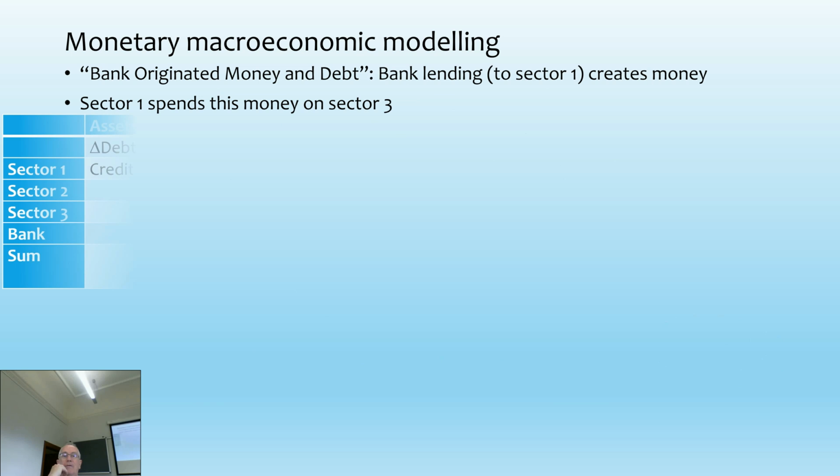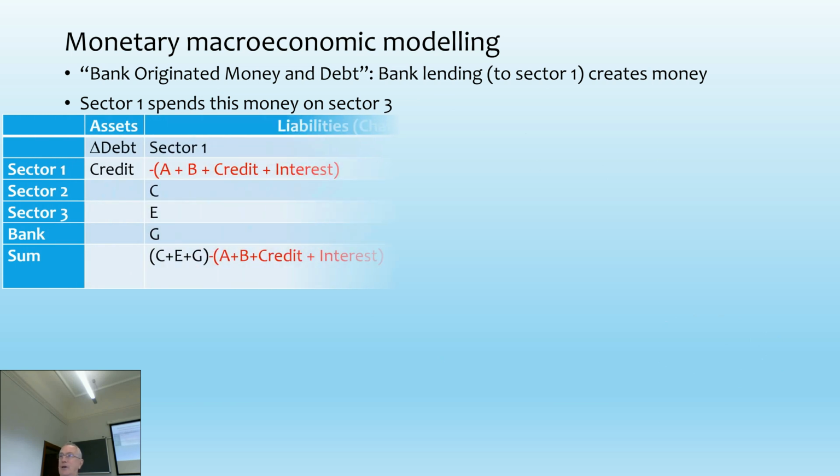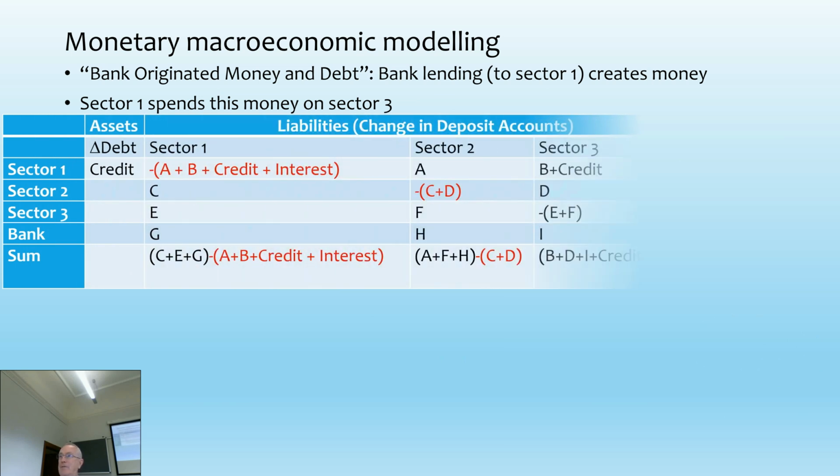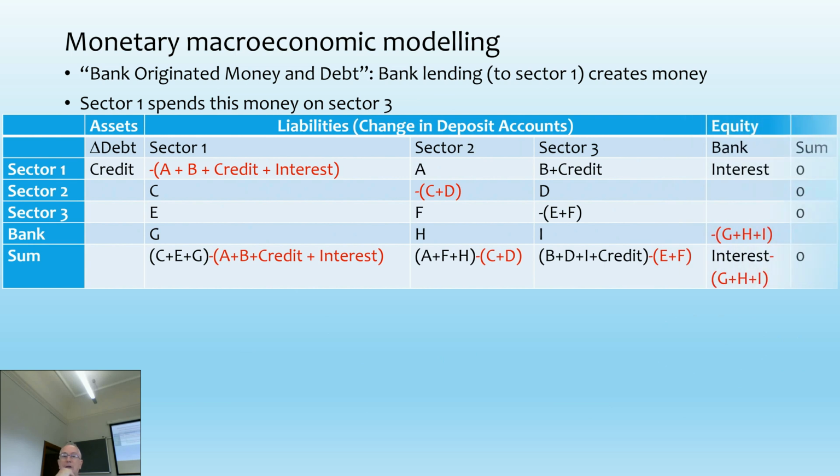Sure. So if you now have the bank creating credit by changing the amount of debt that Sector 1 owes to the banking sector, then the asset of credit rises. There's therefore credit turning up as additional money in Sector 1's account, which Sector 1 is spending on Sector 3. Okay? And then when you do your sum, negative of the trace, I should have made that red as well.